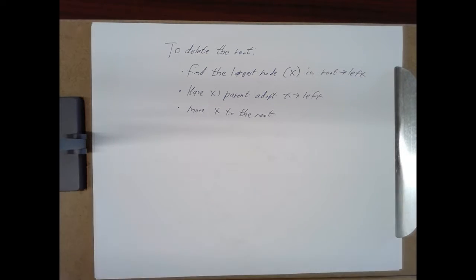Okay, so take that whole node and structurally plop it into where the root is by having it point to the children of the root. And then the parent that was pointing to that node X now points to what was X's left child, and X had no right child. So all of X's children are taken care of, and the largest node in the left subtree is now at the root.